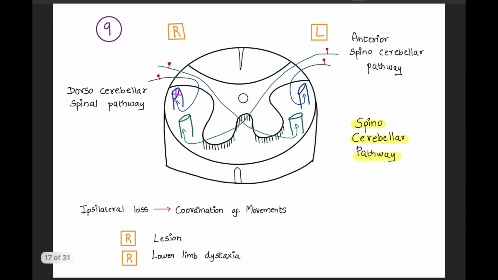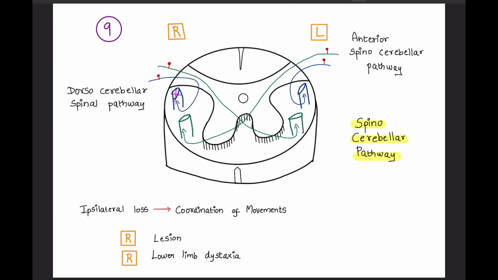In the 9th case, the lesion is in the dorsospinocerebellar pathway. Please know the pathway of dorsospinocerebellar tract. The sensory nerve fibers enter the spinal cord and move upwards on the same side. So there will be ipsilateral loss.